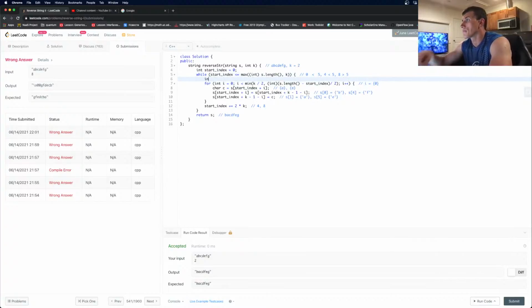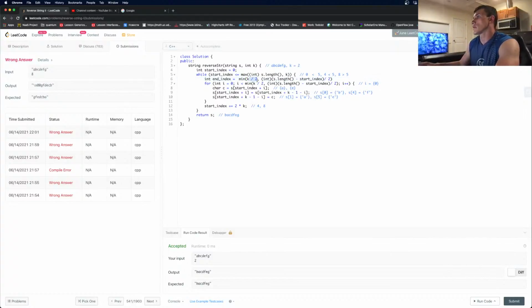Int end index. Let's use this one instead of k. Is this right? So technically we can just remove this divided by half to understand.